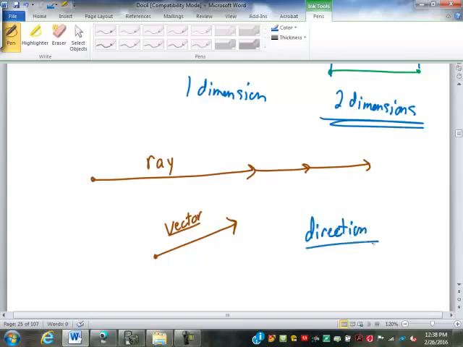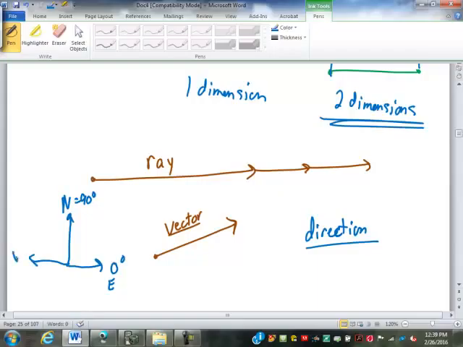A direction used to be defined using navigational terms. Now, in aviation navigation, they use a slightly different navigational system, but in nautical navigation, east used to be referred to as 0 degrees. Due north was 90 degrees.